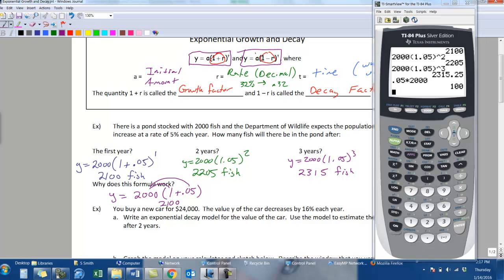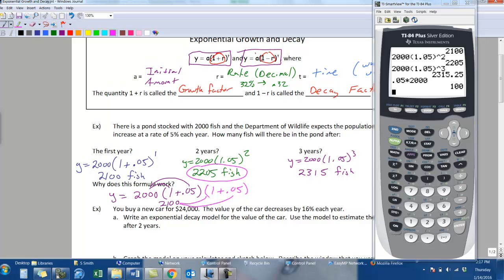But then year 2 is about to happen, and we're going to add another 5%. Since this is 1.05 squared, that means there's 1 plus 0.05 times another 1.05. Now, if we were to distribute our fish from the first year, 2,100 times 1, and then 2,100 times a 5% increase, that's where we would get our 2,205 fish.